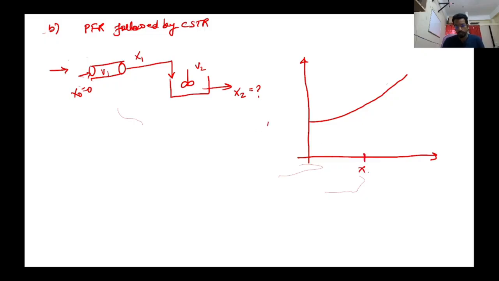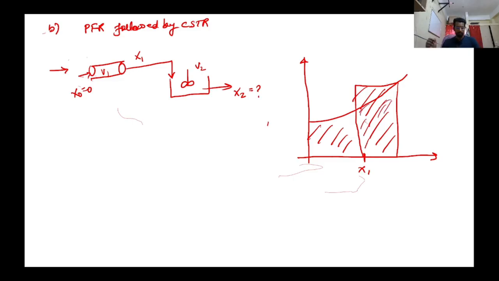For PFR this is the profile, and for CSTR I have the profile like this. So here we can't do anything, we have to solve individually.